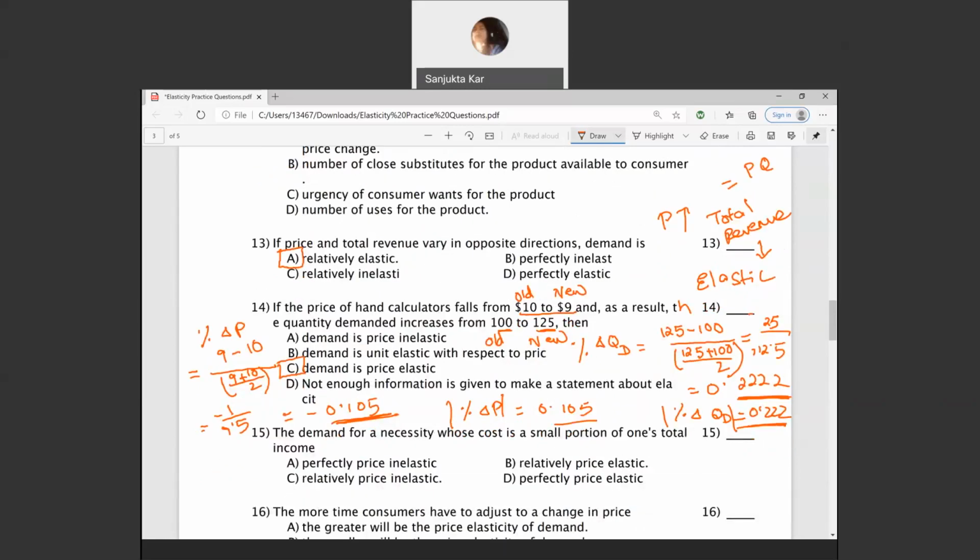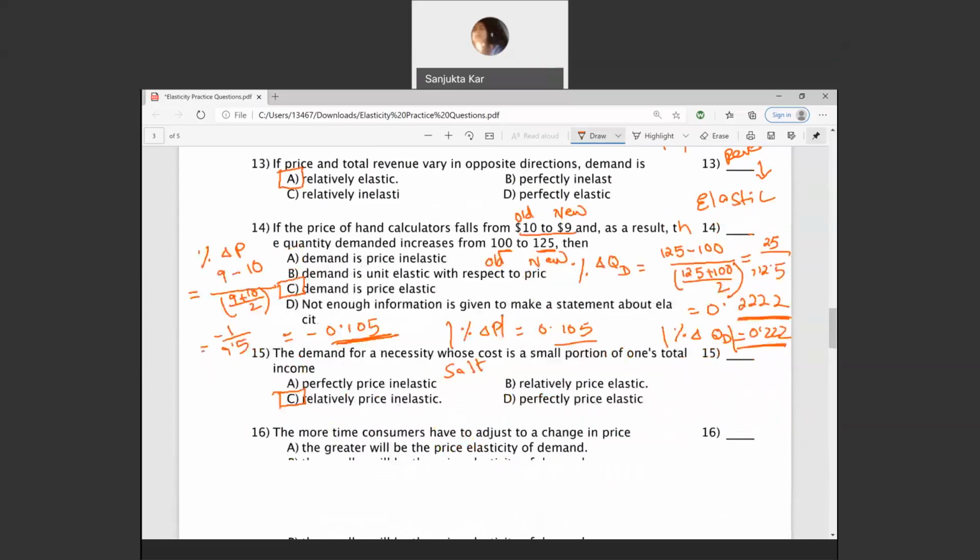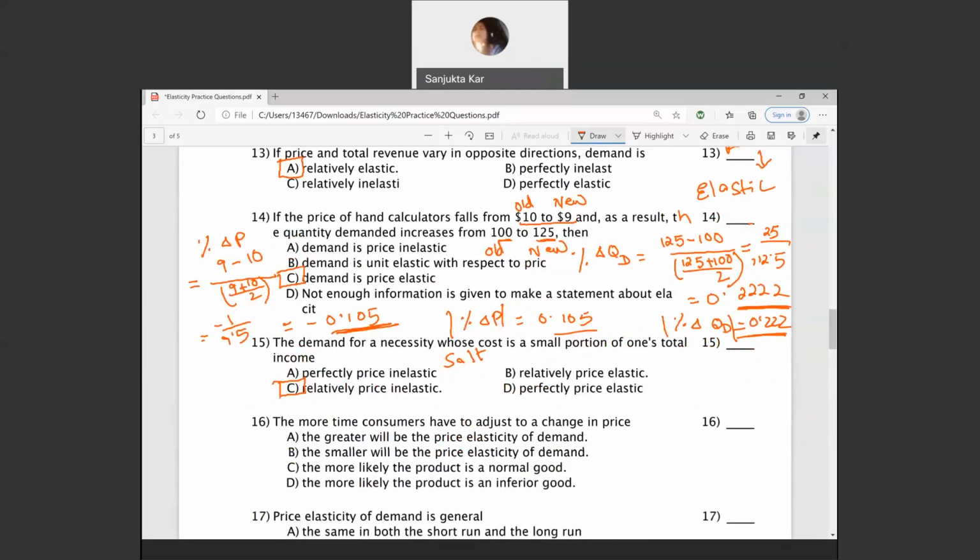Question 15. The demand for a necessity whose cost is a small portion of one's total income is going to be relatively price inelastic. For example, if you look at salt, price increases, say by $1 or so, quantity demanded is not going to decrease by a lot.